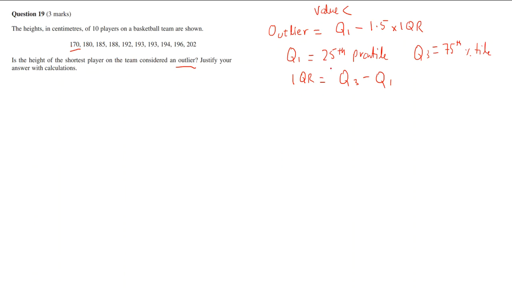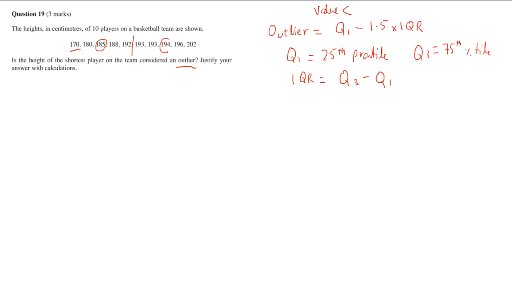So for Q1 and Q3, we'll work out like this. You've got 10 players. These are 10 values. So we can break these up into 5 and 5 values, right? So 5 on this side, 5 on this side. Middle of this, which is this number, two values are here, 2 are here, so this is the middle.